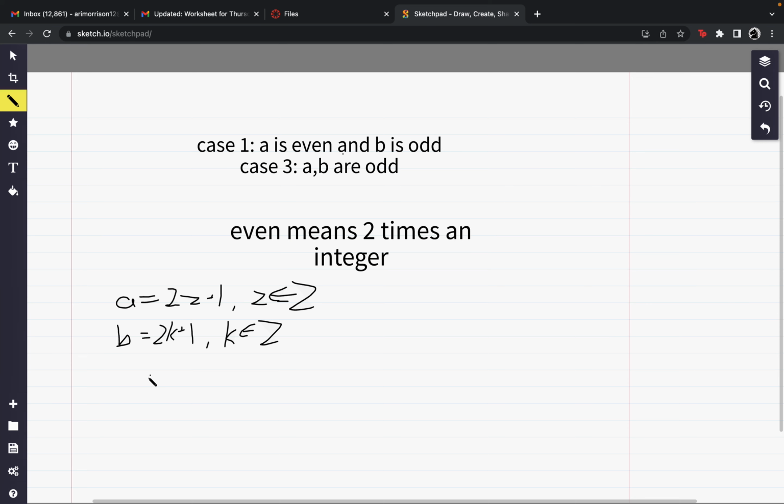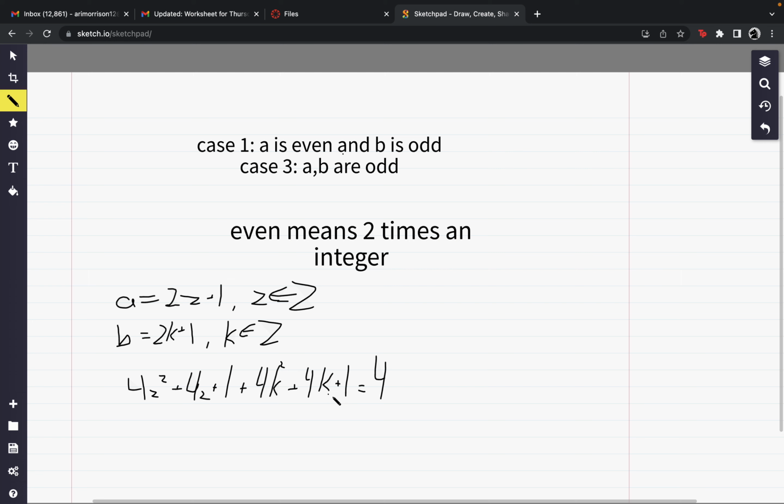So I'm not going to draw it all out because it's torture, but we're going to end up with 4z squared plus 4z plus 1 plus 4k squared plus 4k plus 1 equals 4.